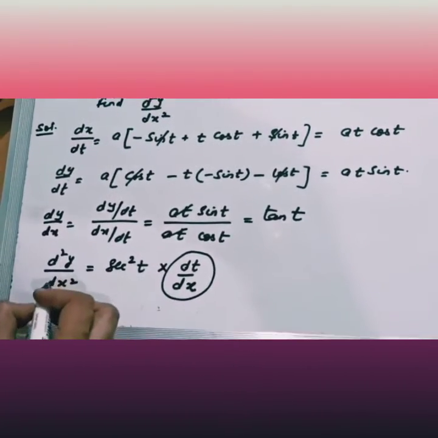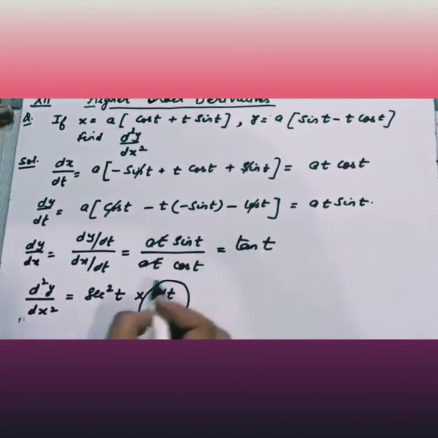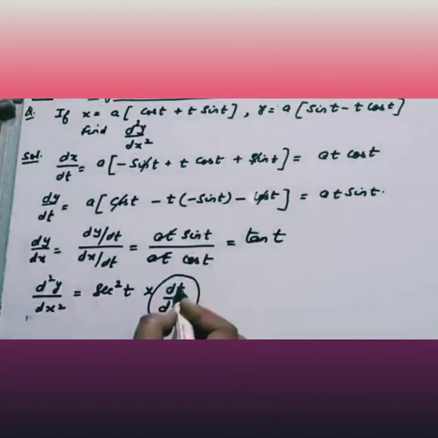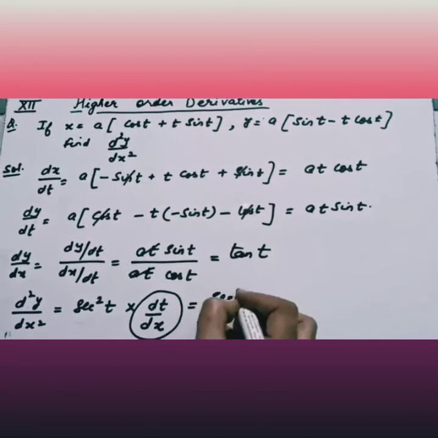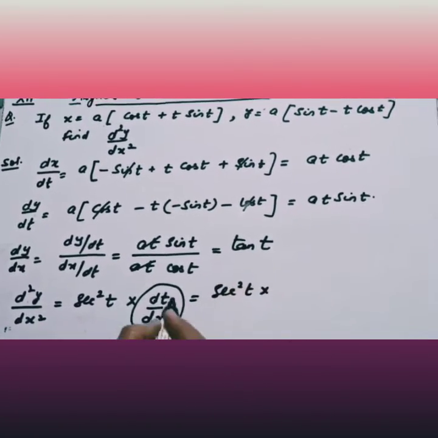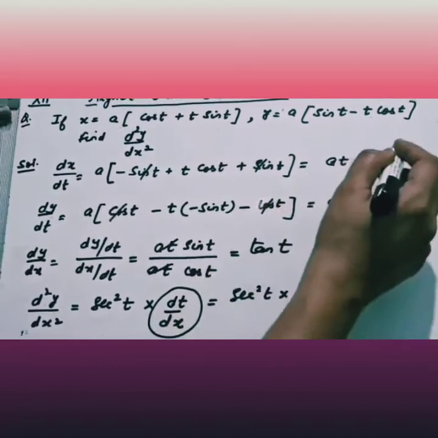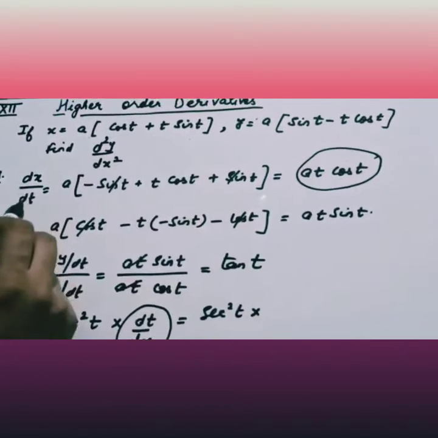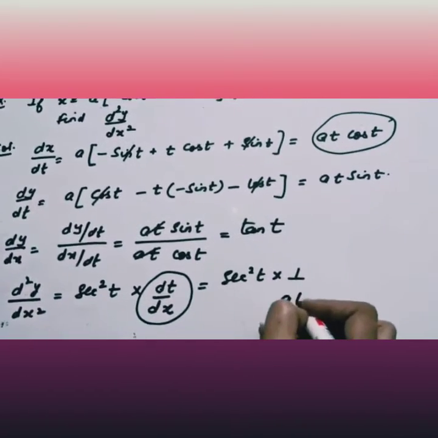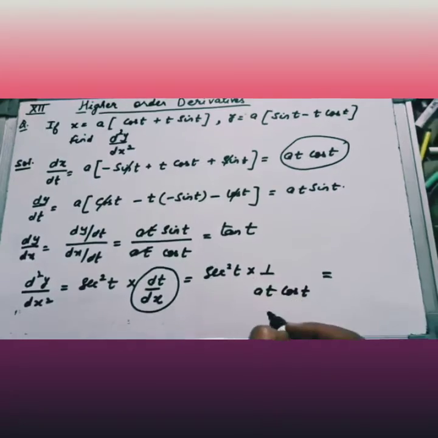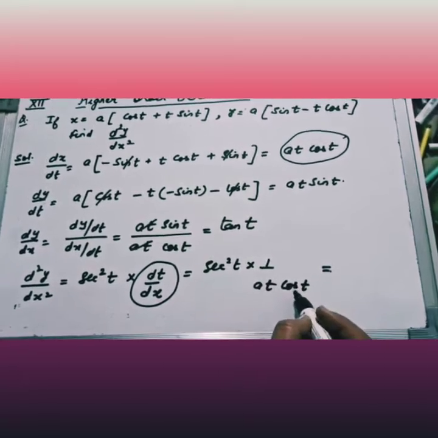So when you differentiate the second time, derivative of tan t is secant square t and derivative of t is dt by dx. So secant square t into, now this dt by dx we will calculate from this. This is our dx by dt. Take the reciprocal of this, 1 by a t cos t, and simplify this result. This 1 by cos t can be written as secant t.